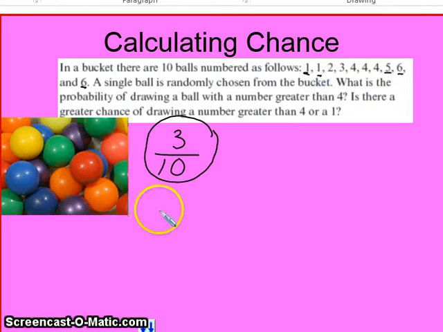So the probability of drawing a 1 is 2 out of the total number of balls in the bucket, which is 10. Now it's obvious that 3 out of 10 is definitely bigger than 2 out of 10. So for this question, there's a greater chance of drawing a number greater than 4. 3 out of 10 as opposed to 2 out of 10.